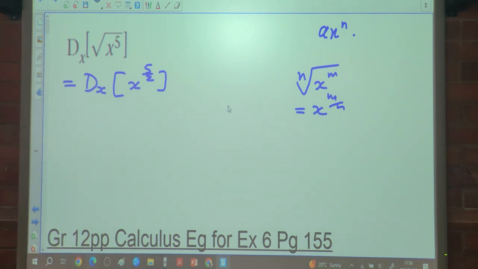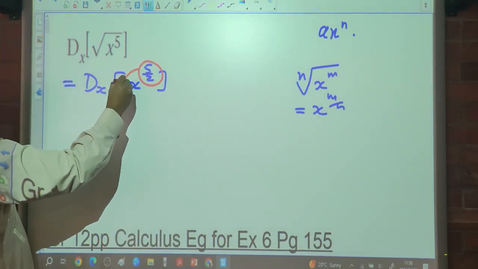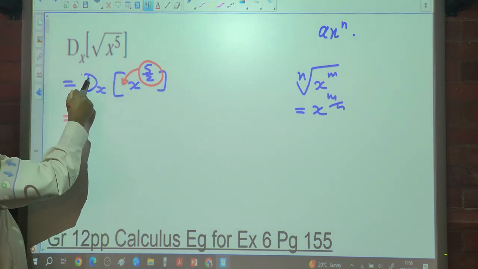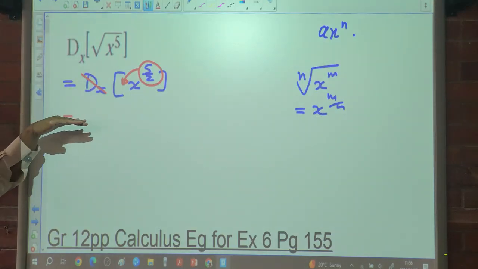People, so what do we do now? Multiply the exponent by the coefficient. When I apply that, what happens? Drop the D. Can you see that? We've applied the derivative. Some change has to take place when I apply the derivative, because if I just write equal, that means that line is equal to that line, which is not the case.